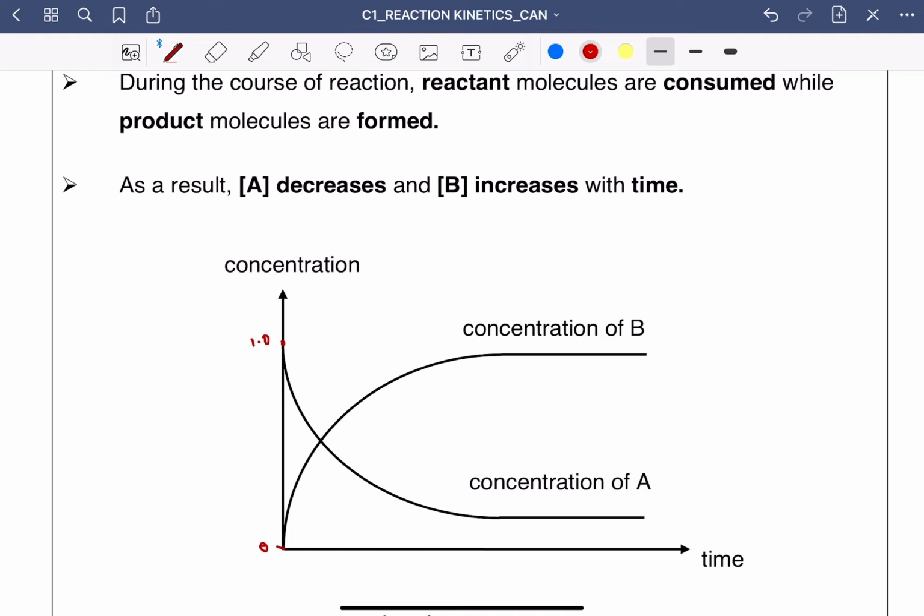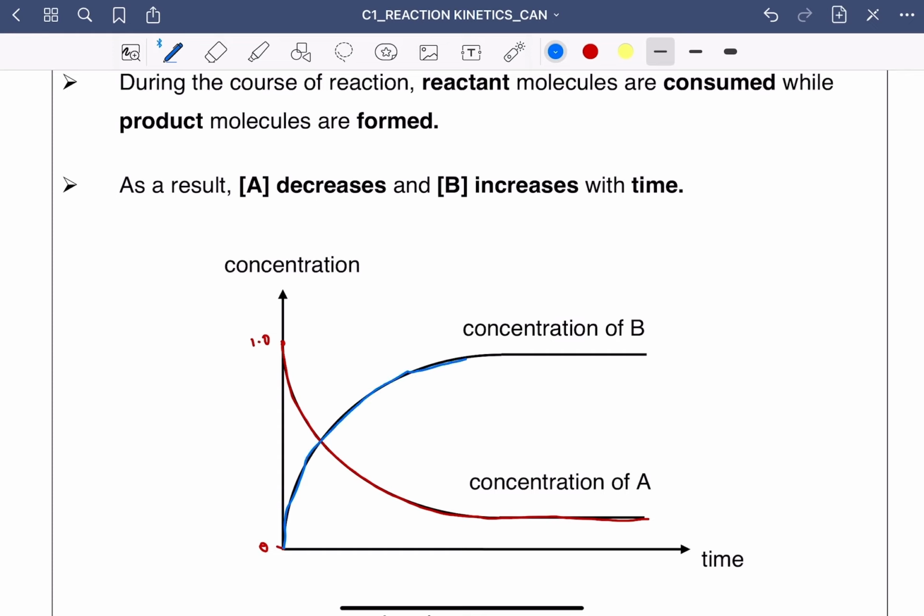And then over time, as the process starts, the concentration will decrease over time, or maybe even get to 0. But at the same time as the concentration of A is decreasing, B will be produced.